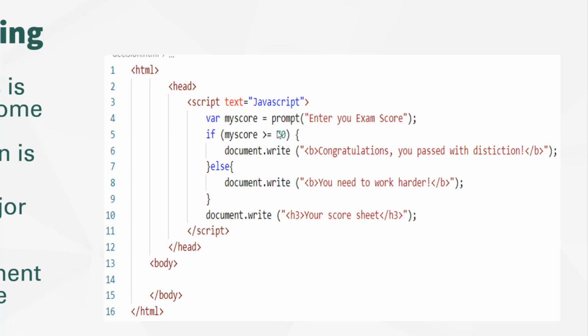Now if that score you entered is less than 70, the statement under this else statement will be executed. That is, you will see a message that says you need to work harder. And then a message that says your score sheet.